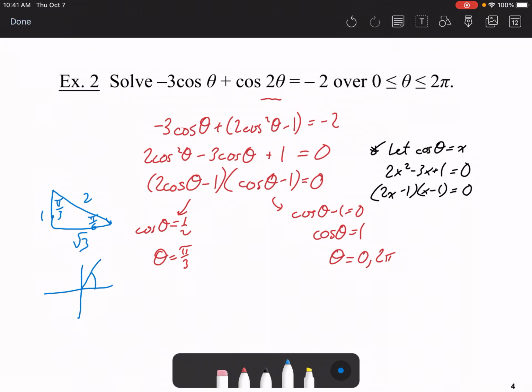So if one is pi over 3 right here, cosine is also positive in this quadrant. And this big angle is 2 pi minus pi over 3, or if you wish, 5 pi over 3. And there we go. And thus concludes this lesson.